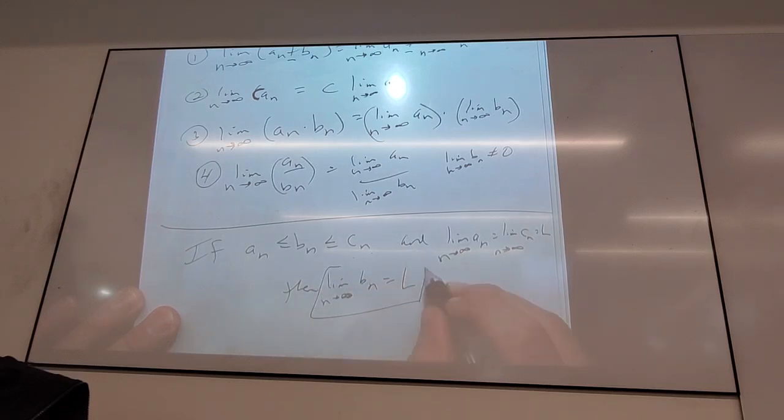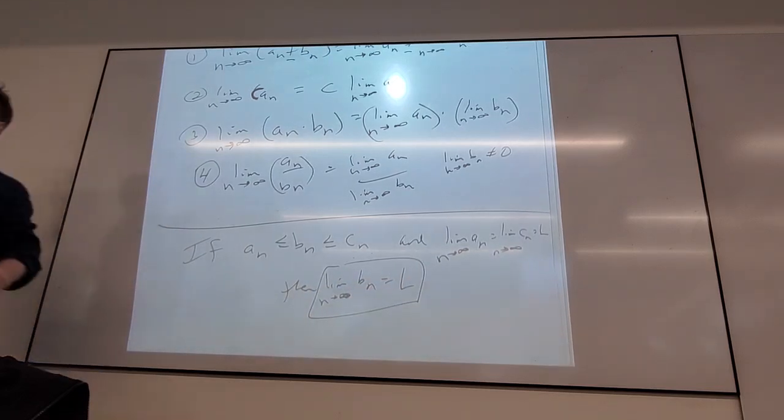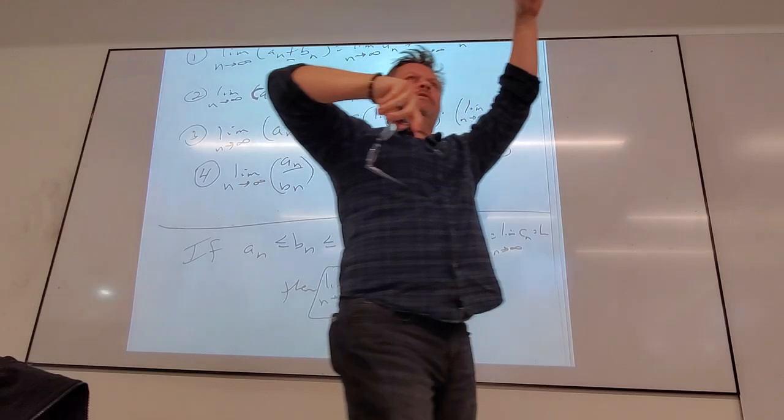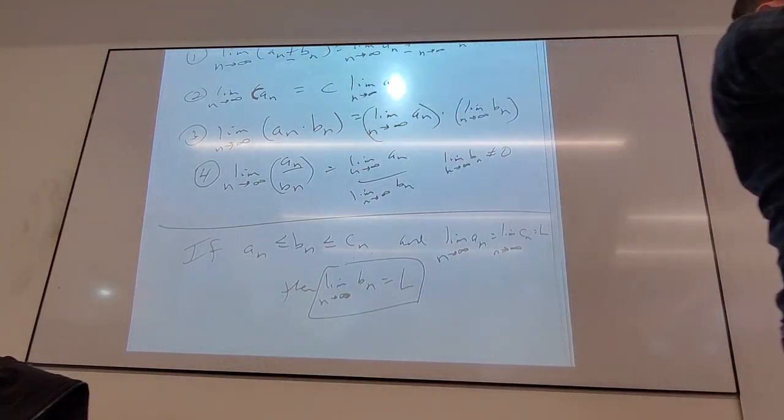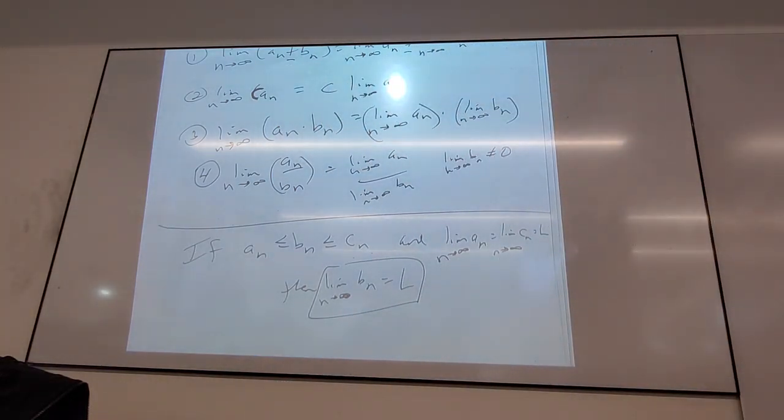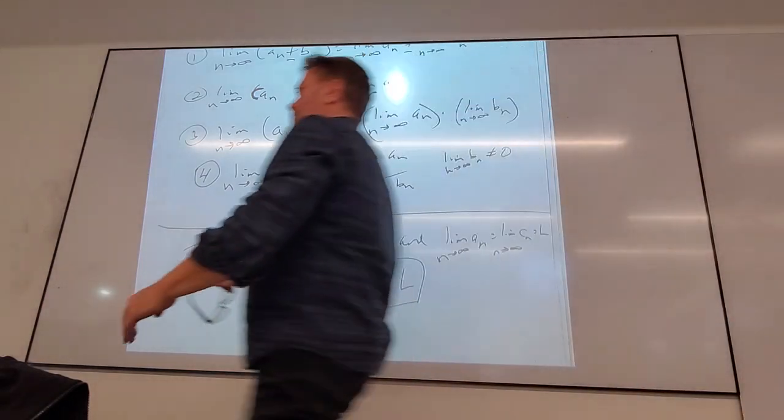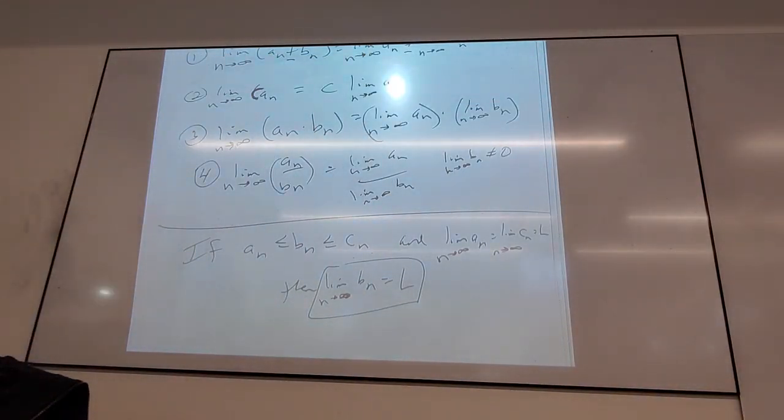So if a_n's elements are always less than, and c_n's elements are always bigger than, and a_n and c_n eventually agree, b_n is in the middle. It's got no choice. It's like the hydraulic press at the end of Terminator. It's got to become smushed. Okay.